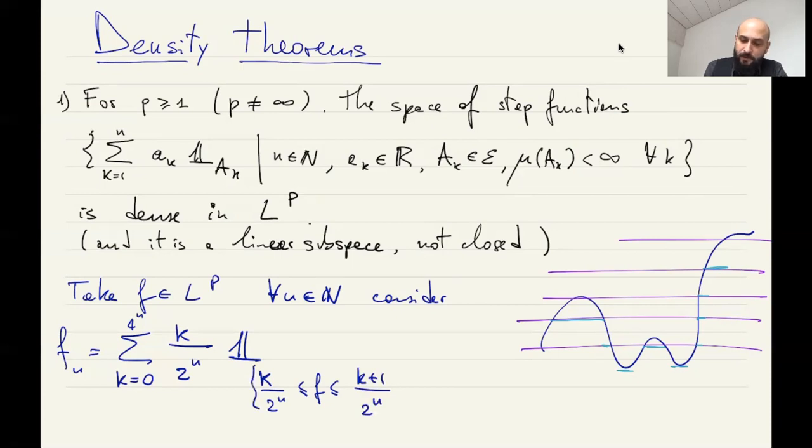Okay, so we cut the function, and now this function is always less than f and pointwise converges to f, and this is a step function which converges to f almost everywhere, and because of the dominated convergence theorem, the LP norm of the difference of these two functions goes to 0. So this is quickly why the density of the step functions in LP is true.